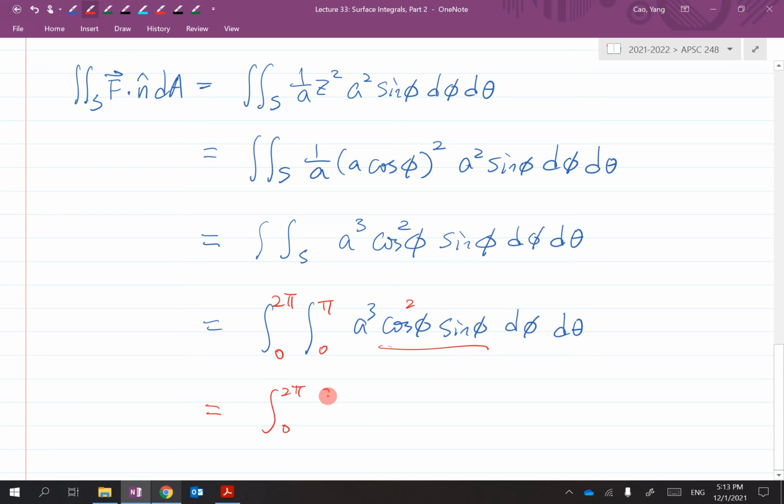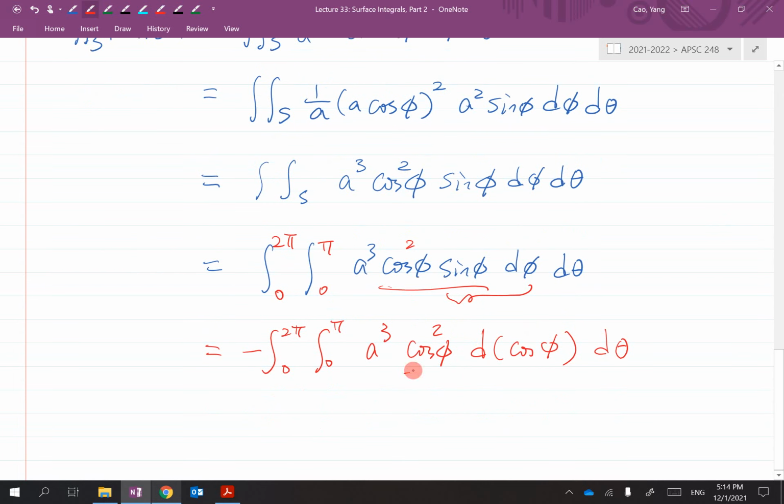Let me write down one more step here, just in case you couldn't see that. Keep cosine phi squared. The sine phi d phi can be written down as d cosine phi with a negative in front, and then d theta. So d cosine phi gives you back a negative sine phi d phi. The negatives cancel, and you get back sine phi d phi.